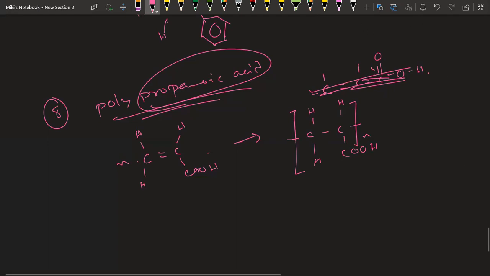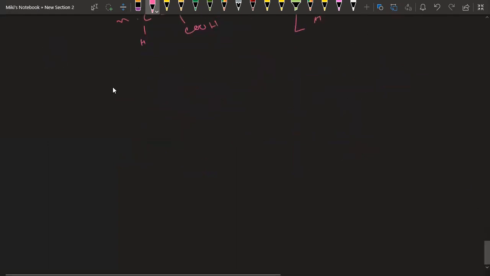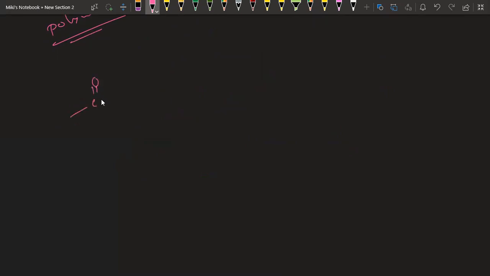Now let's identify certain monomers, or let's see what the polymers look like in examples. So let's say these are some example polymers. Let's say we have CH2.